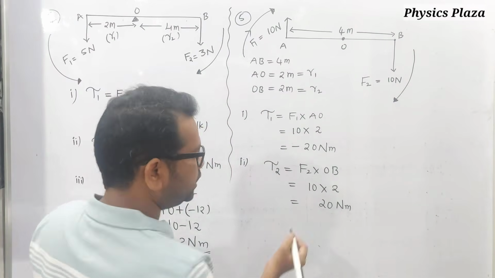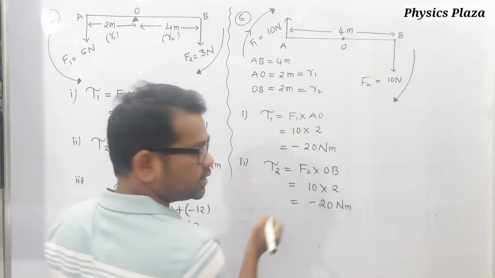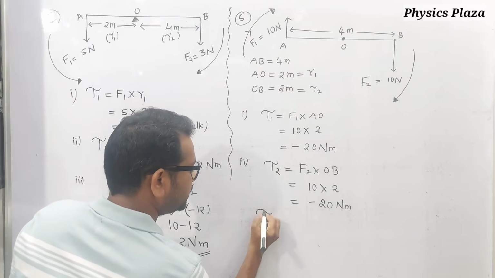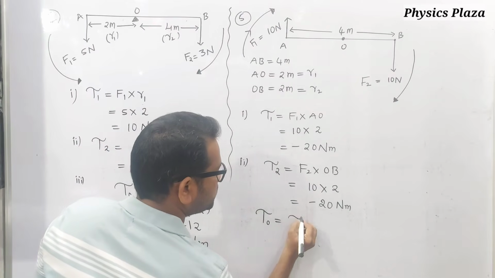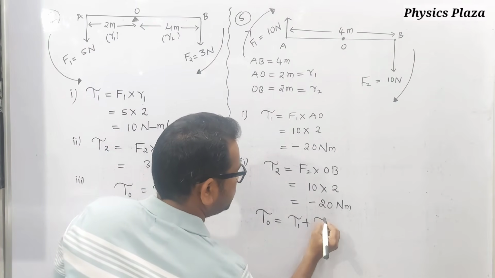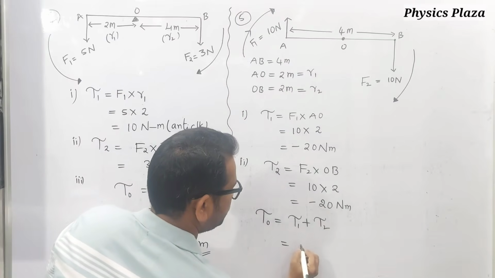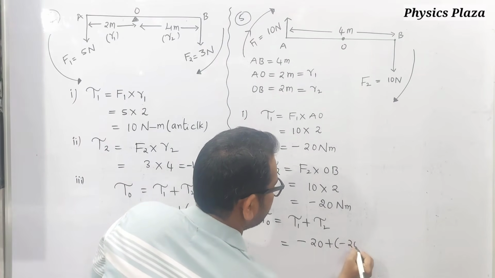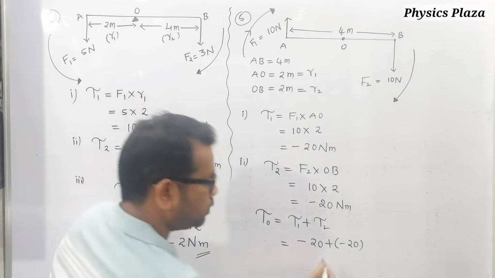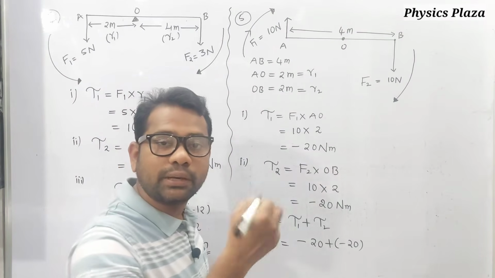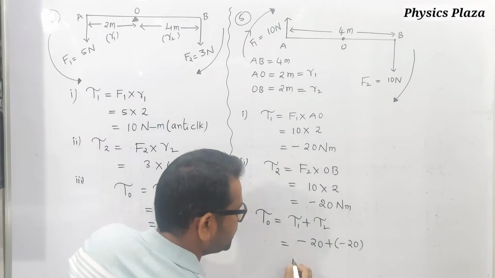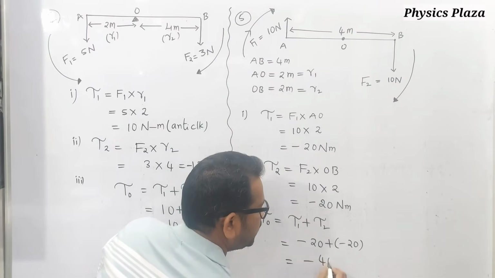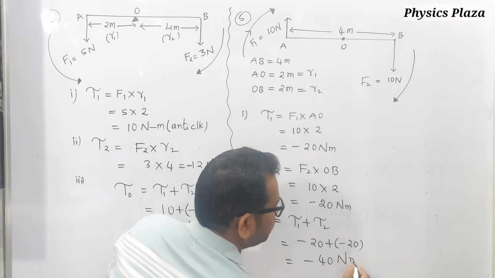As it is a clockwise moment, children, this is going to be minus. Now, the resultant about the point O is tau 1 plus tau 2. This is going to be minus 20 plus of minus 20. Children, minus plus into minus is minus. So minus 20 and plus minus 20 is going to be minus 40 Newton meter.